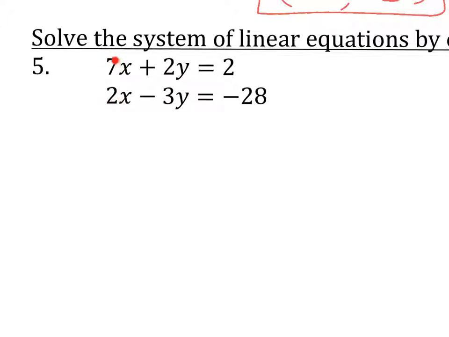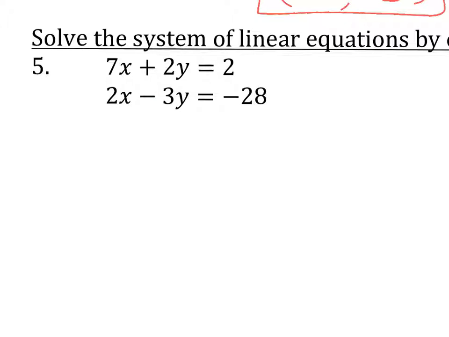So if you think about 7 and 2, I could make 7 and 2 both into 14, right? With 2 and 3, I can make them both into 6. I like this y option because they're already positive and negative, right? So I want them to be 6 and negative 6, and they already have the positive and negative signs on them, okay?